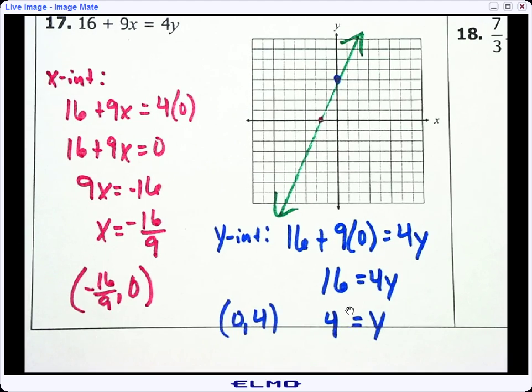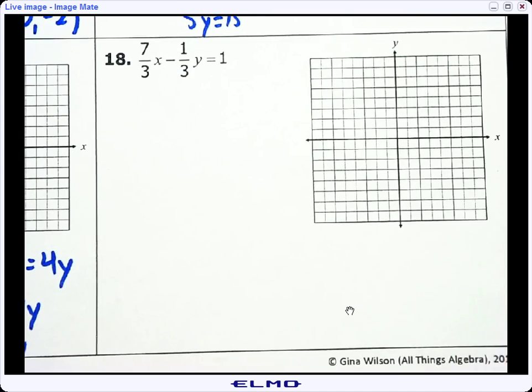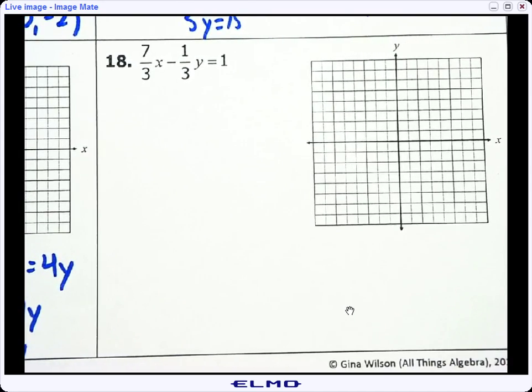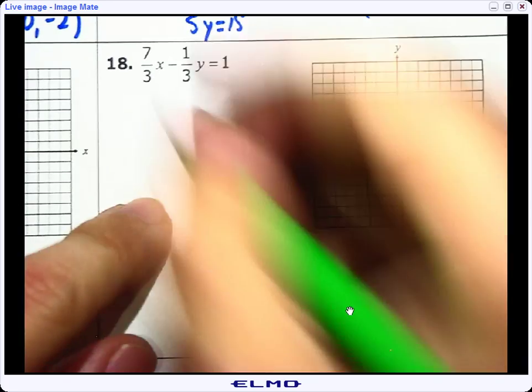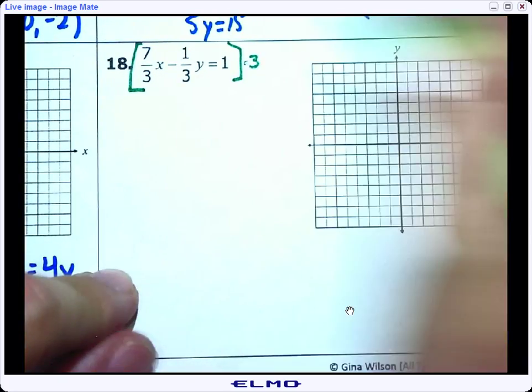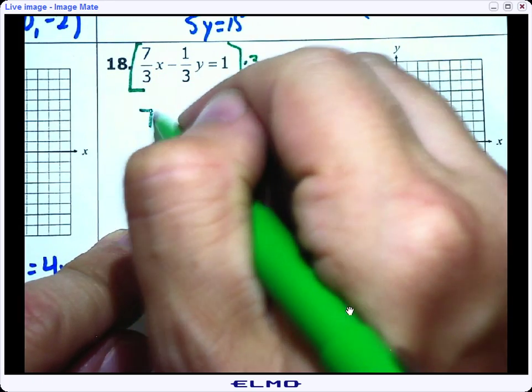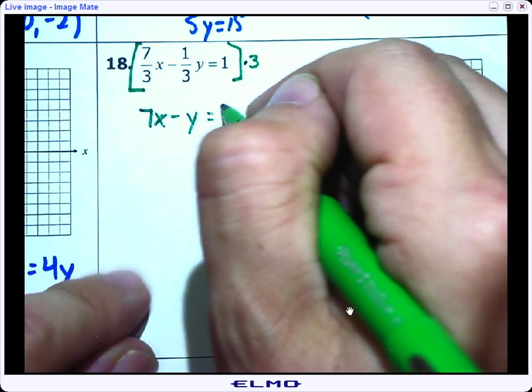All right, last one, number 18. Okay, so because I don't want to deal with fractions, I could just go ahead and clear the fraction. So I could multiply everything here by 3. That's going to give me a 7x minus y equals 3.